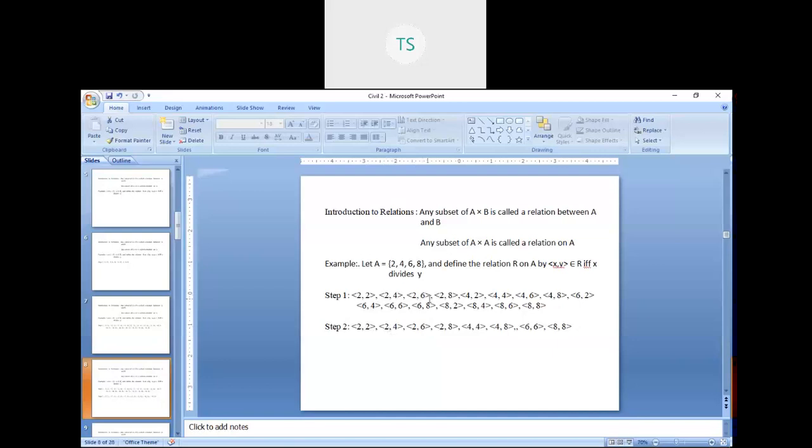Then 2 divides 6, and 2 divides 8. So I have included 2, 2, 2, 4, 2, 6, 2, 8. Then come to the elements starting with 4. Our first ordered pair is 4, 2. Does this ordered pair satisfy the condition that x divides y? Is 2 divisible by 4?